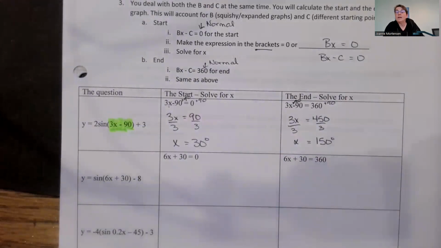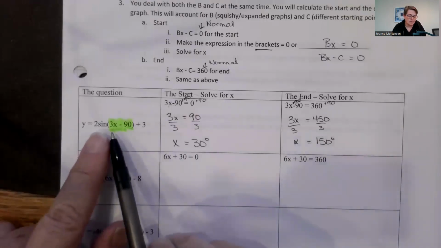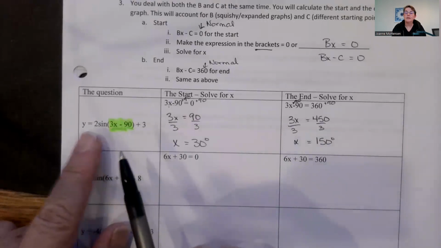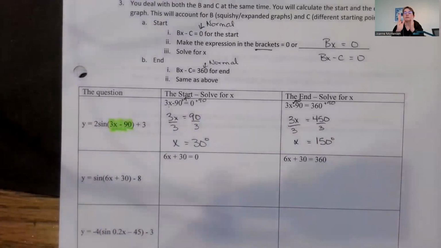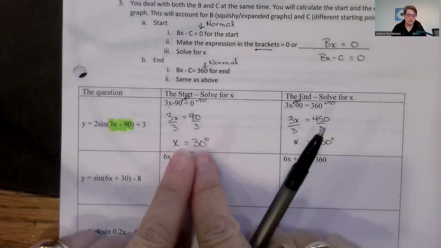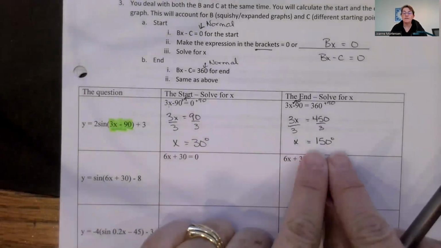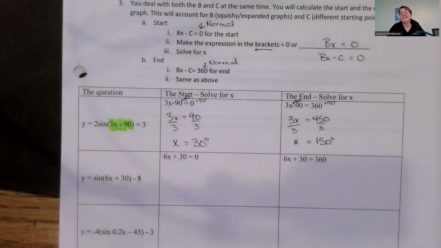Some of you would be quite happy to just take that on faith and say, yes, there is my start and there is my end. I'm paranoid, so let's just take a quick look. The 3x part means my graph is shorter than 360. So if I'm starting at 30 and I'm going to 150, that's definitely shorter than 360, which is our normal one.